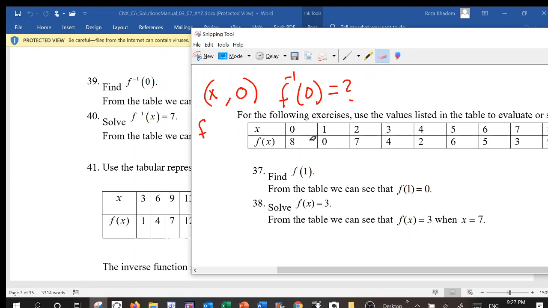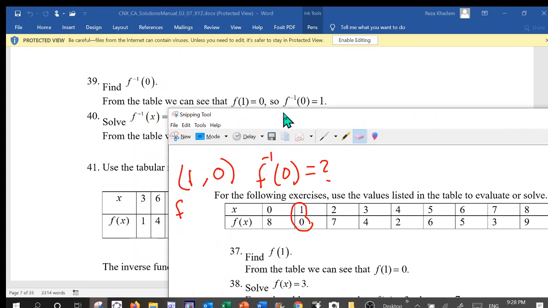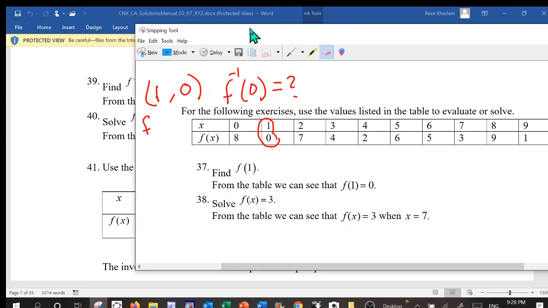We have to go to f and see where the output is 0. See that? So we know that 1 goes to 0 under f. So what's f inverse of 0? f inverse of 0 would be 1. That's number 39.